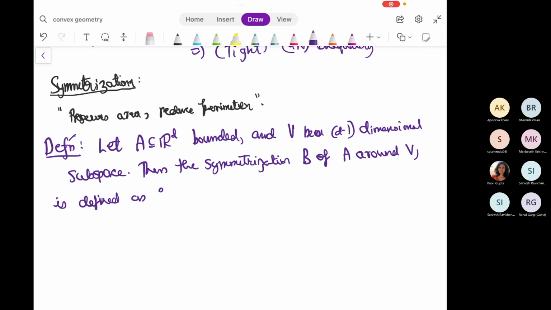Let me draw a diagram. Let's say for convenience that A is something like this and V is this hyperplane that you see here. So we're working in two dimensions. I'll explain how it works.